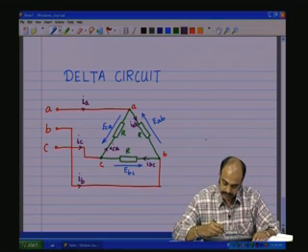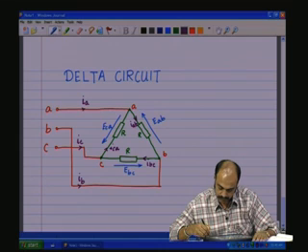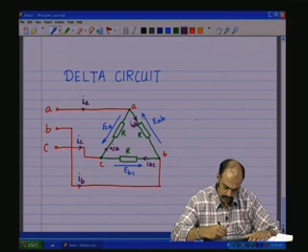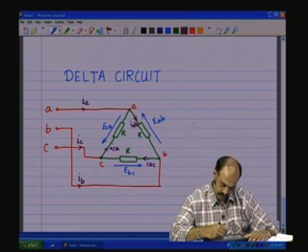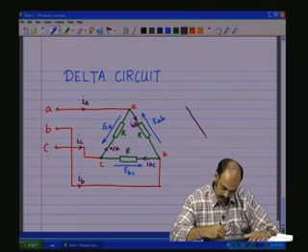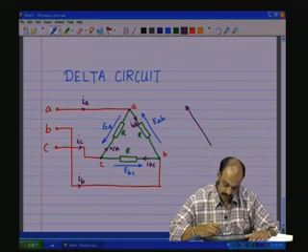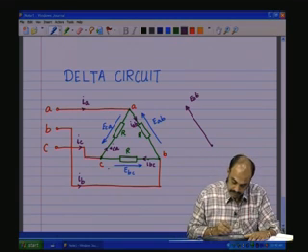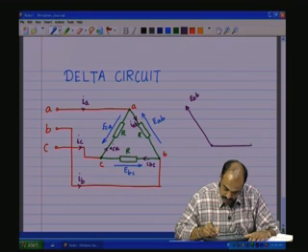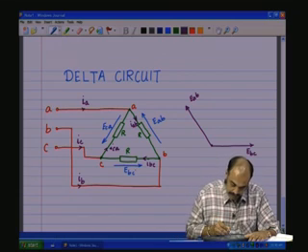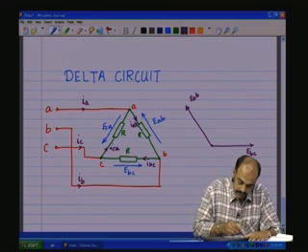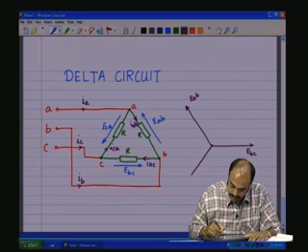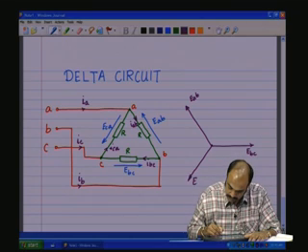So, let us draw EAB in this fashion, then EBC as shown here, then from here the ECA.